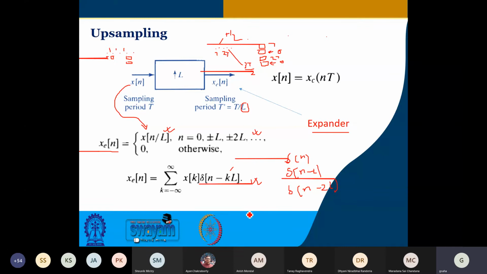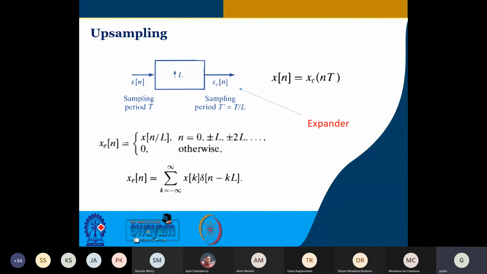Please ask if you have any question here. Once you understand this, the rest is very trivial. Is this expression understood? The rest is very simple once we understand this representation for the expanded signal at the output of the expander following zero insertion.